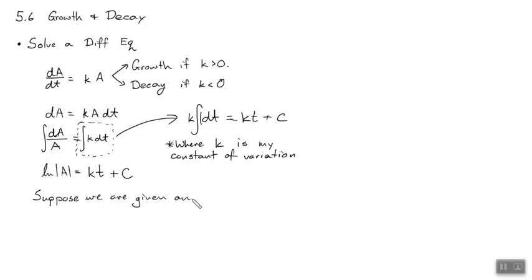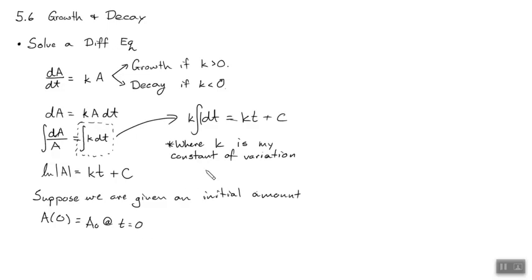Specifically, let's say this is the amount A at time 0, so A of 0, which is pretty common notation, we'll just write A sub 0. Pretty common that we'll use A sub 0 as the initial amount at time equals 0.